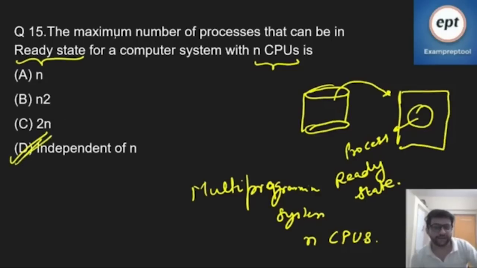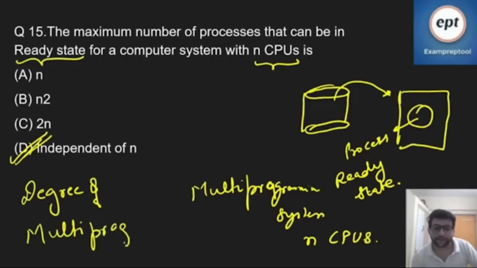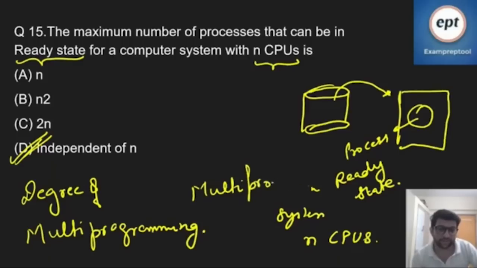Why? Because this number is known as the degree of multi-programming, right?